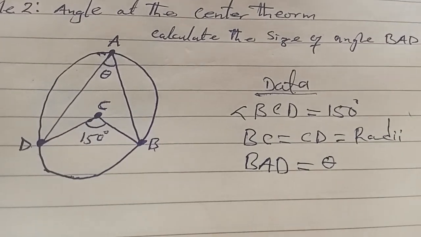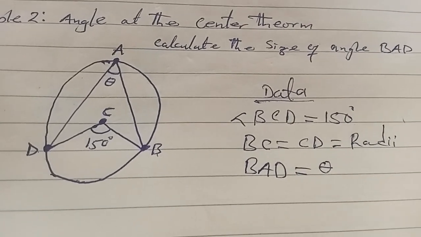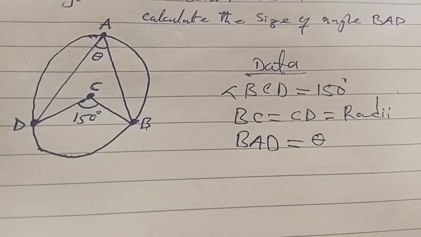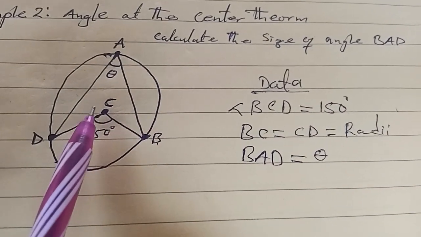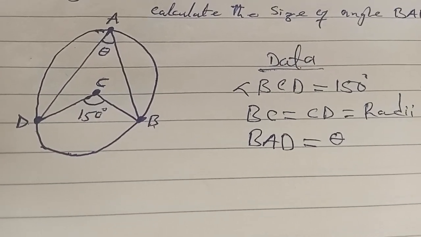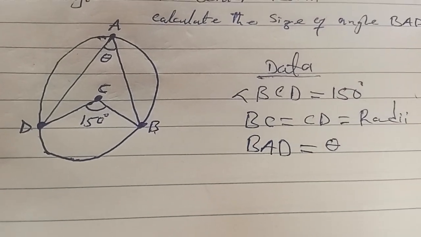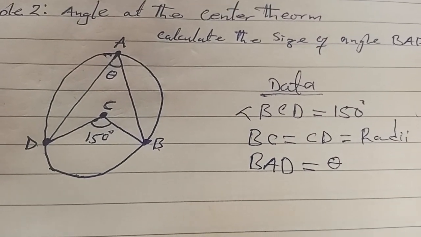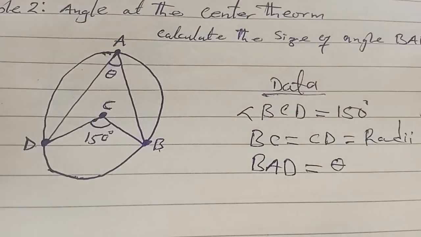So we say the angle at the center is twice the angle at the circumference, right? The angle here at the center is twice the angle at the circumference. So therefore, we can use half of the central angle to get the angle at that particular point, right?